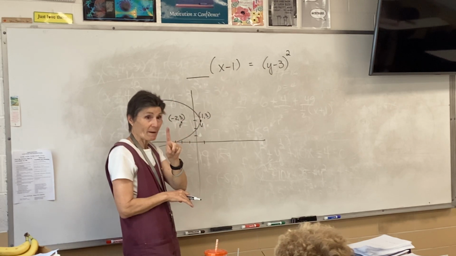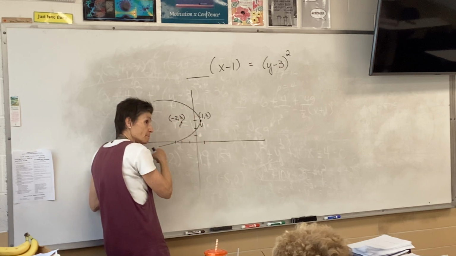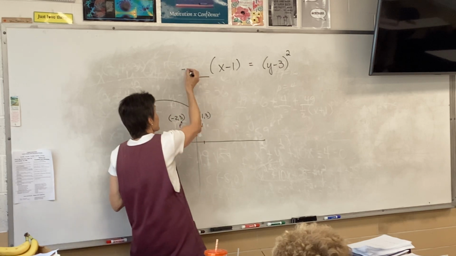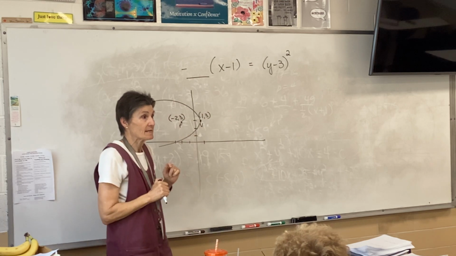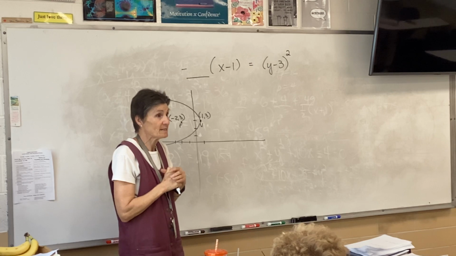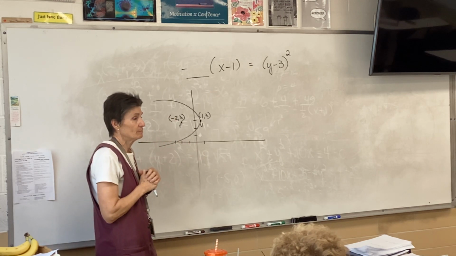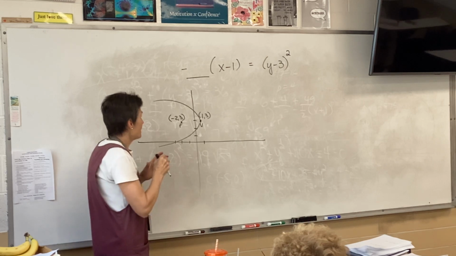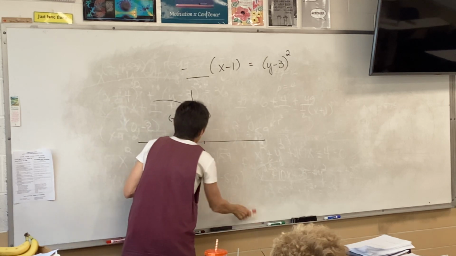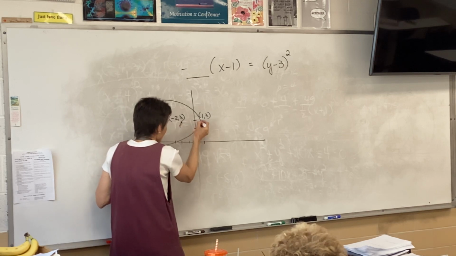Now, one thing you know about it already, since it's opening to the left, I know that number has to be negative. Because isn't left a negative direction? Left and down are negatives. So whatever it is, I know it's negative. How far is it from my focus to my vertex?